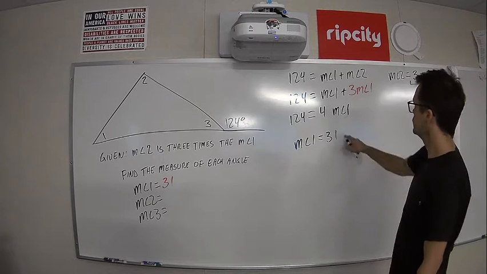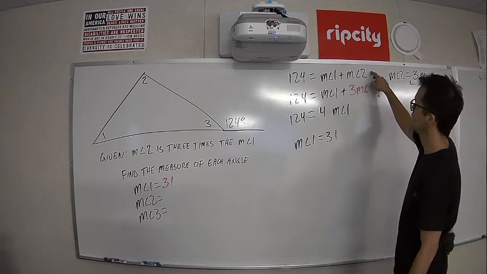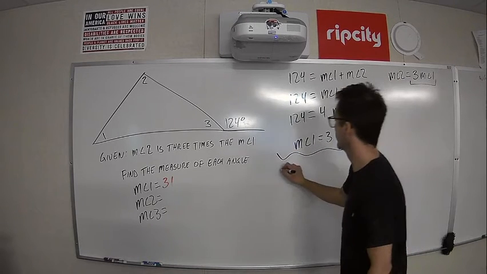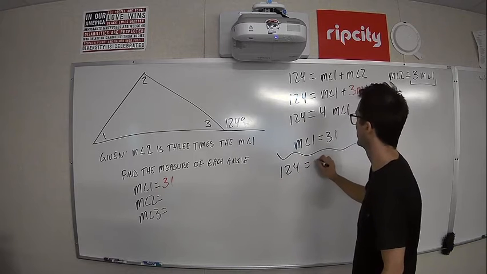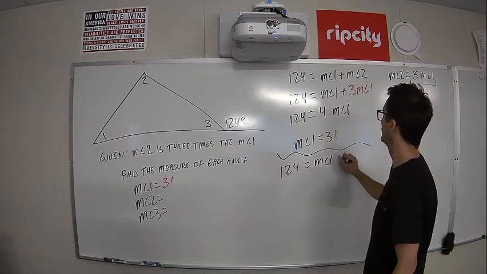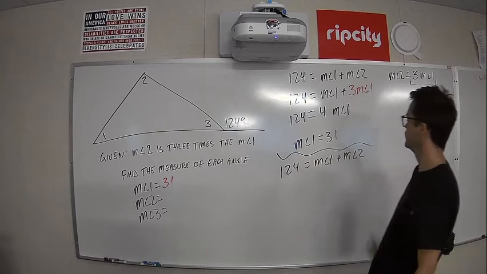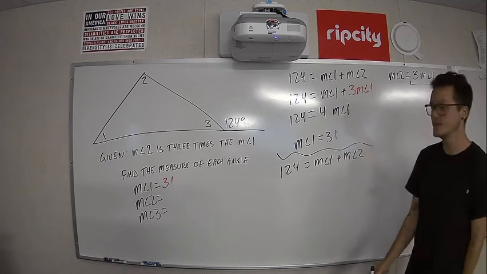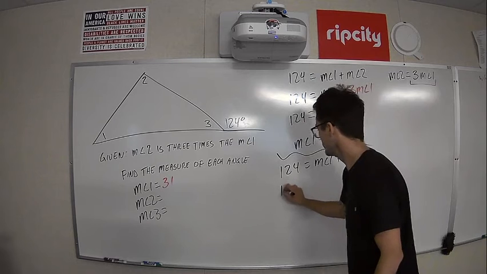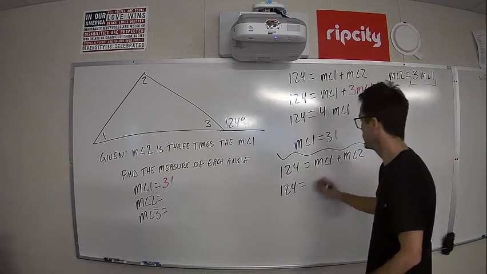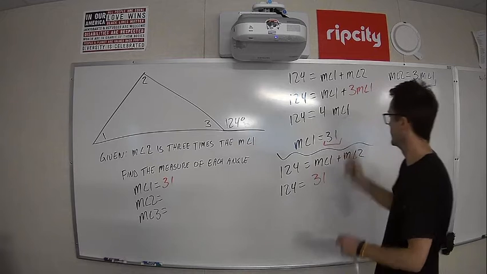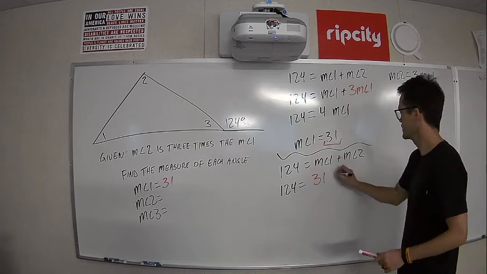Okay, let's find the measure of angle 2 now. I'm going to use the same exact equation that we started with here. So let's just rewrite it. 124 equals measure of angle 1 plus the measure of angle 2. But now we have the measure of angle 1. We figured that piece out. So let's sub that in. 124 equals 31, coming from right here, plus the measure of angle 2.